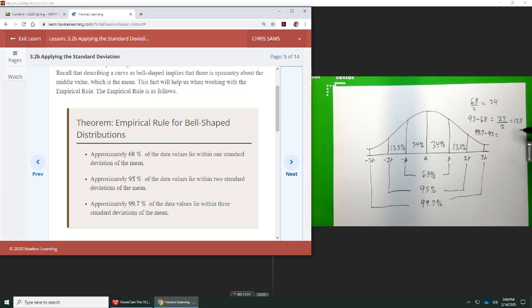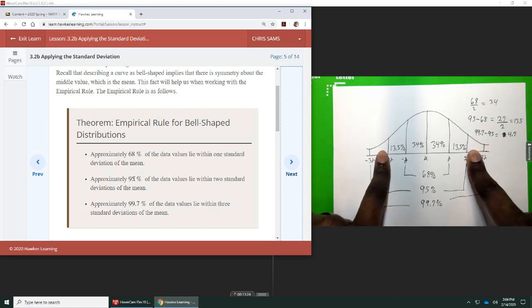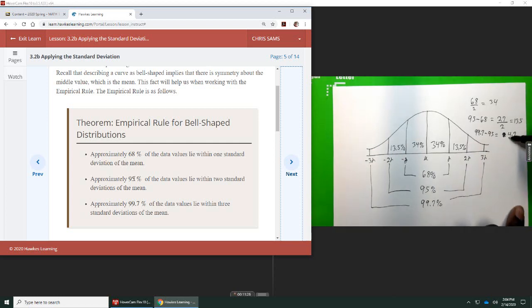That leaves us with 4.7. And then that means that these two pieces total are 4.7. If you divide this in half, because each piece is equal, you would get 2.35%. So 2.35.